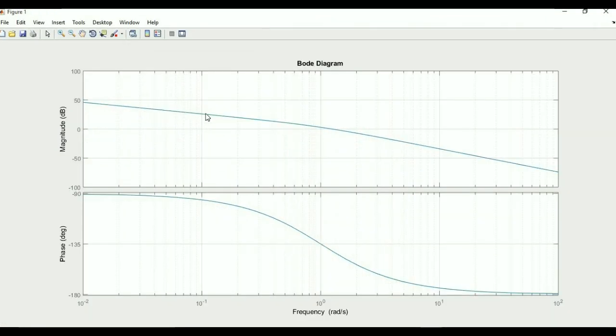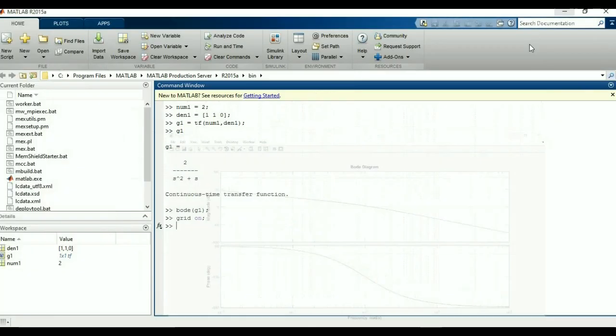As discussed earlier, the Bode plot contains two diagrams. First is the magnitude plot and second is the phase plot. Now if we want to compare two Bode plots simultaneously on a single graph, for making another Bode plot we again need the numerator and denominator.